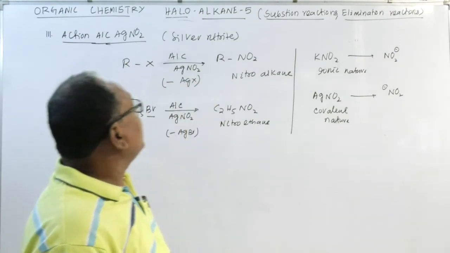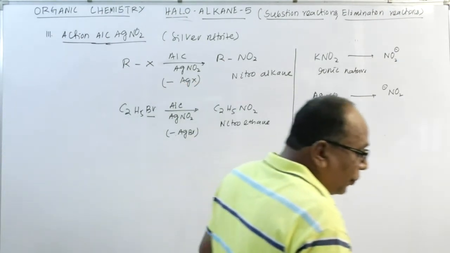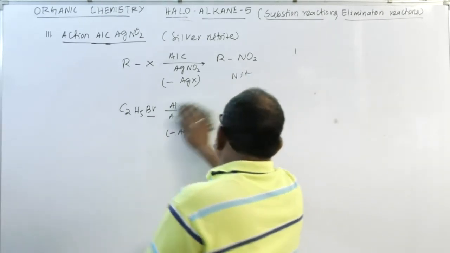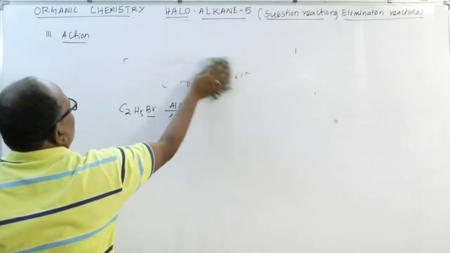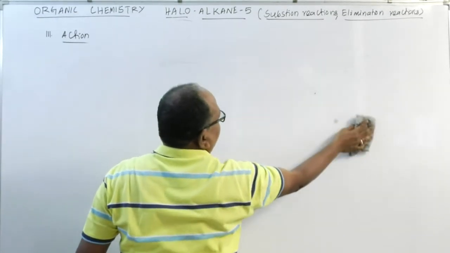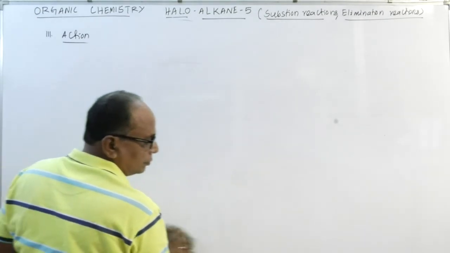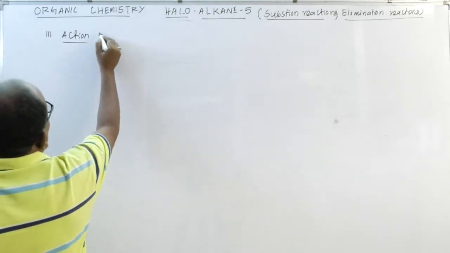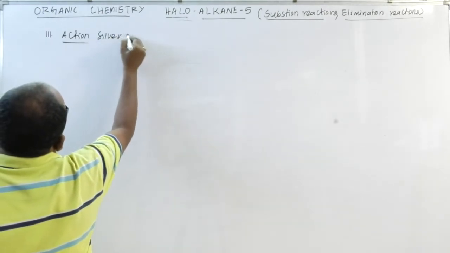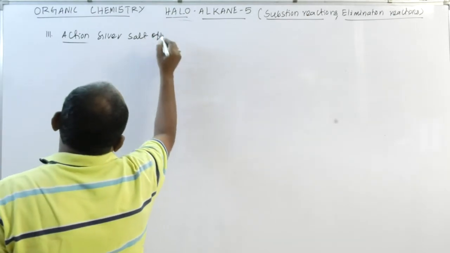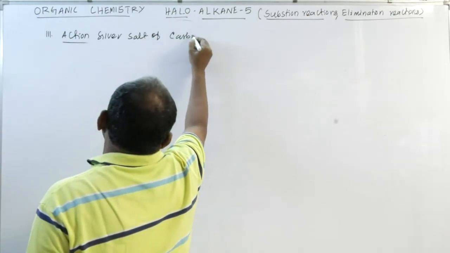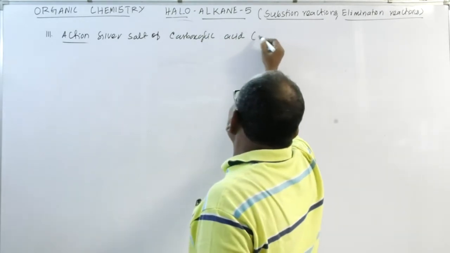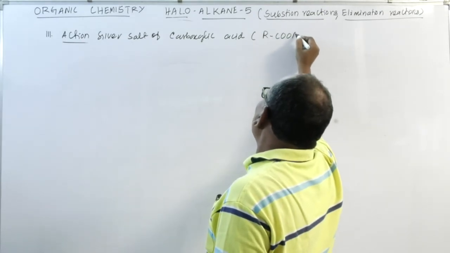Okay, students, this is the action of alkyl halide with KNO2 and AgNO2. Next we come to reaction with silver salt of carboxylic acid, that is RCOOAg.